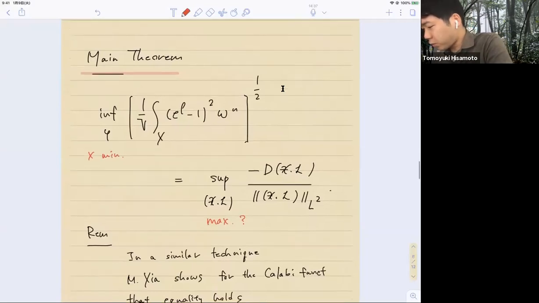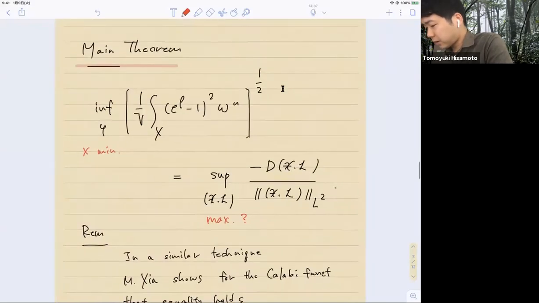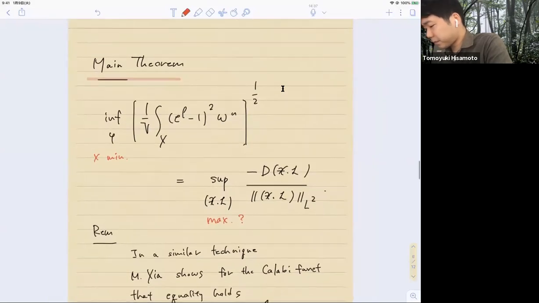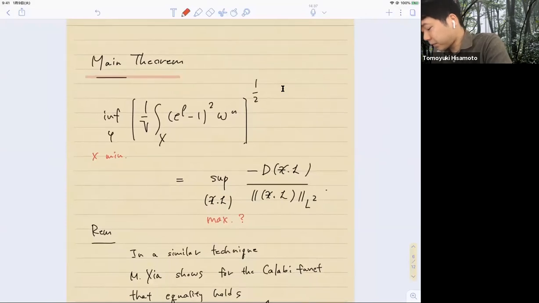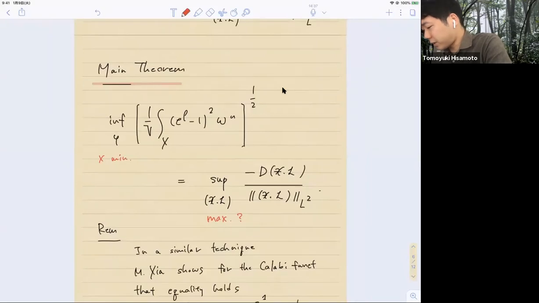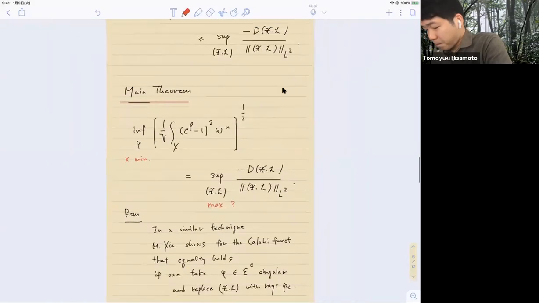This point would be cleared up if we go into the proof, but our result does not say whether the supremum is a maximum. It is expected, but if there exists some achievement of the supremum, then we could expect that there exists some canonical optimal destabilizing test configuration in the sense of D-invariant, but we don't know what it is.